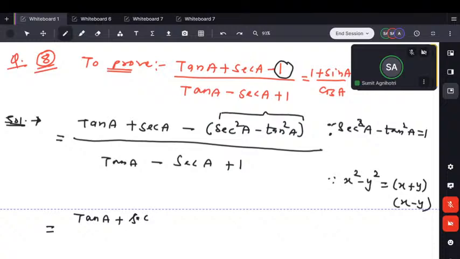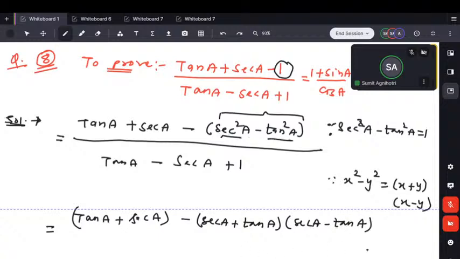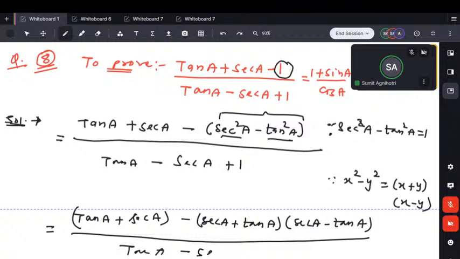Yeah, let's apply it. How to apply? Let's see. Sec A plus tan A times sec A minus tan A. This is the identity x plus y, x minus y. That is what we have done. Here we have tan A minus sec A and plus 1.